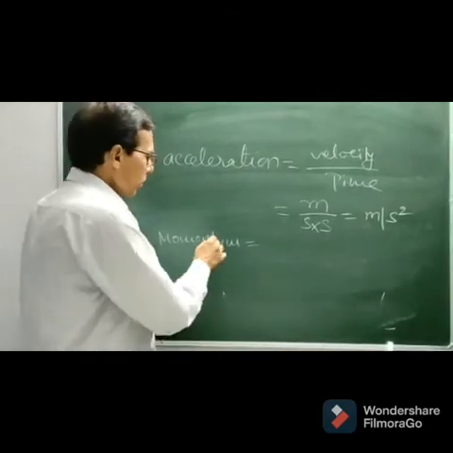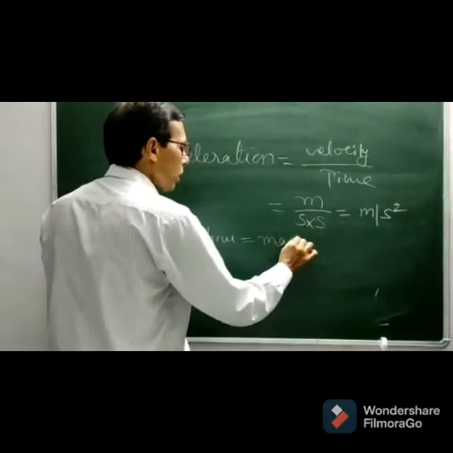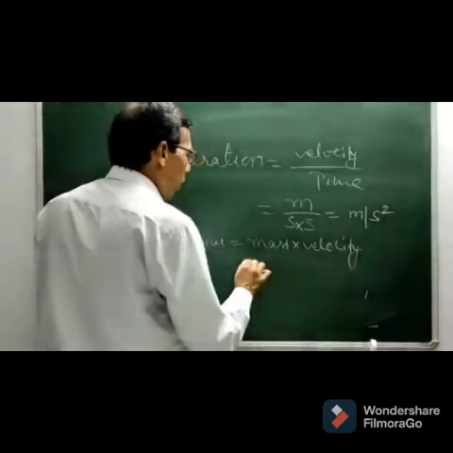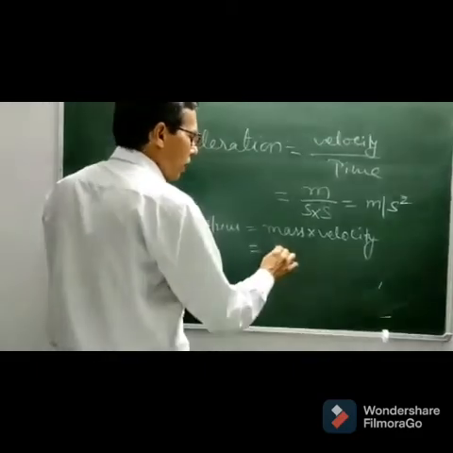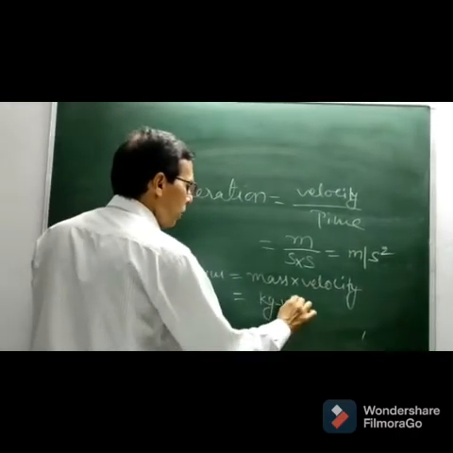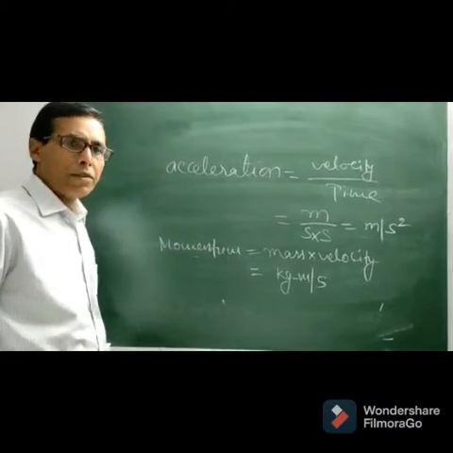Momentum. Formula of momentum is product of mass and velocity. Mass is measured in kg and velocity in meter per second, so kg meter per second. So these are the derived units.